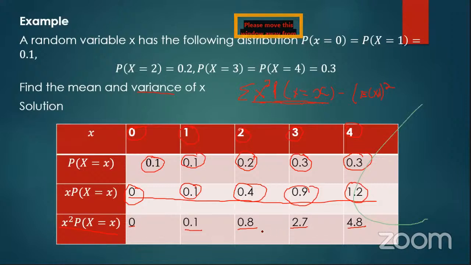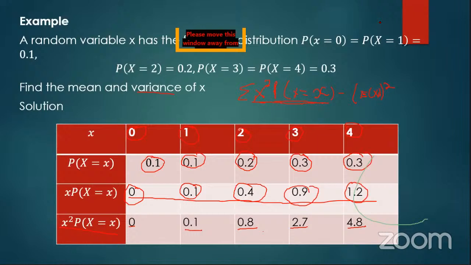So we add these up, and what did we get? Yes, Rachel? 8.4. Yes, 8.4.